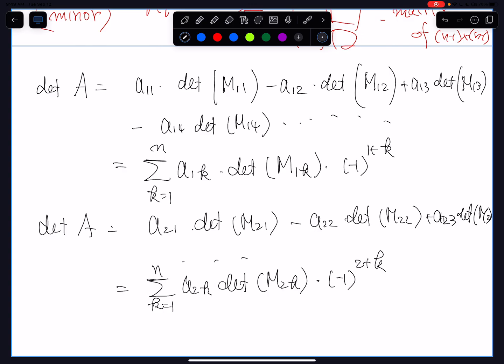I'm sorry, it should start with a minus sign, actually. This is a small minor point. Even though we started with the definition of determinant using the first row, from the observation of the geometry where it's coming from, we can see that, in fact, we can define the determinant for any row.